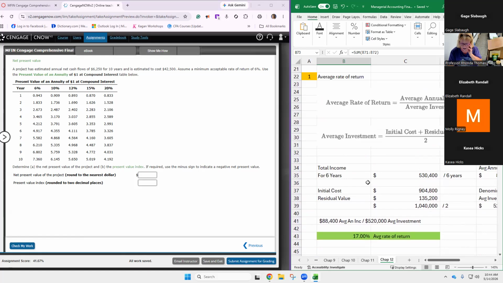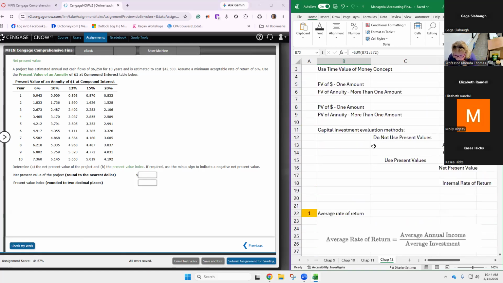So we had, I think, four different evaluation methods. We had average rate of return, cash payback, net present value, and internal rate of return. These two use the present value idea that today's money is worth less than if you were to put that money into an account that has interest, your money would grow.